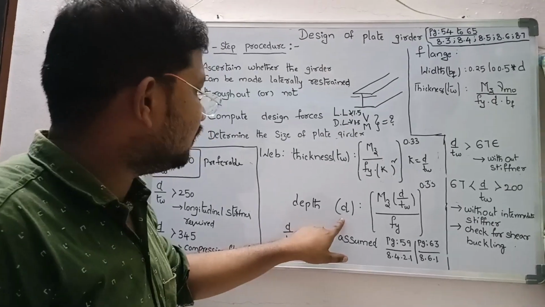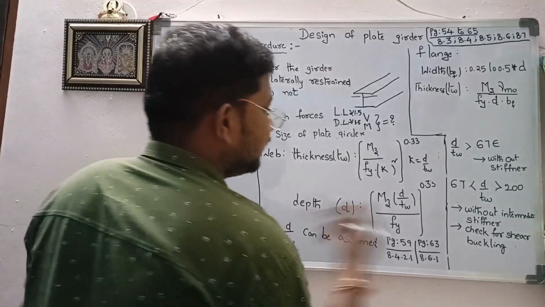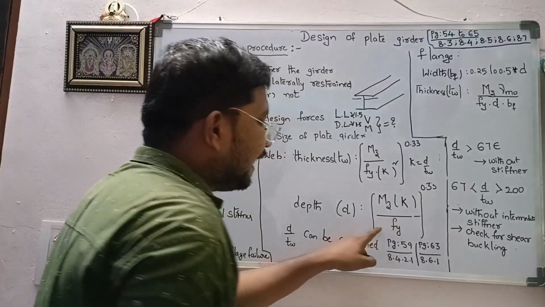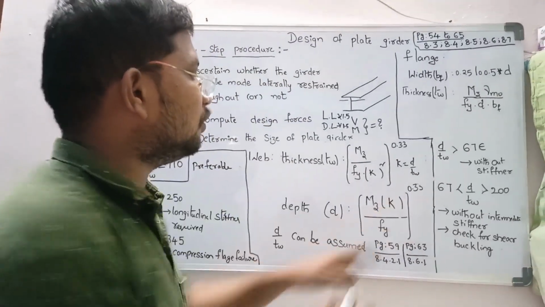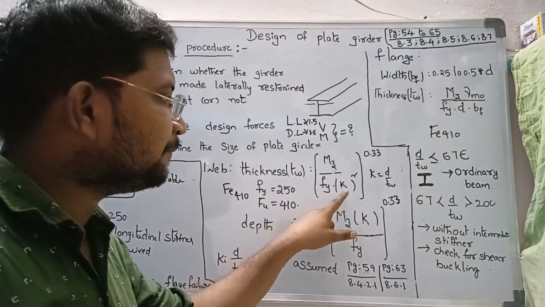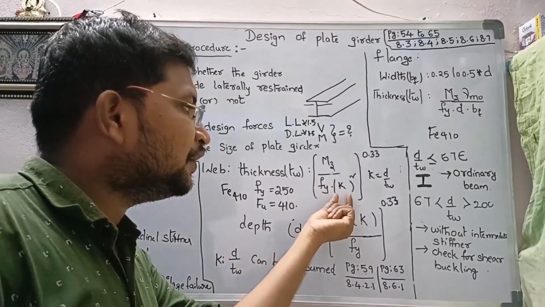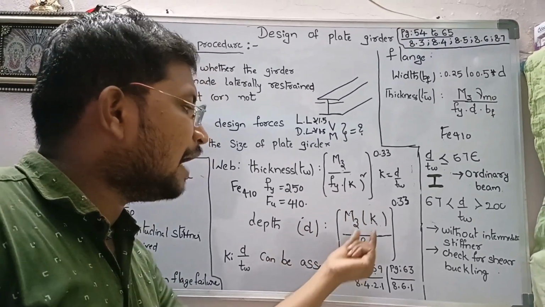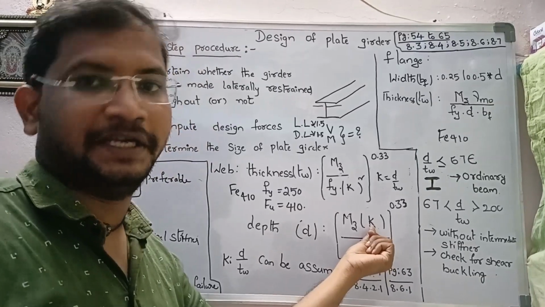And depth of the web d equals (Mz k by fy) power of 0.33. Please note, in thickness we are having k square in denominator. In depth we are having k in numerator.